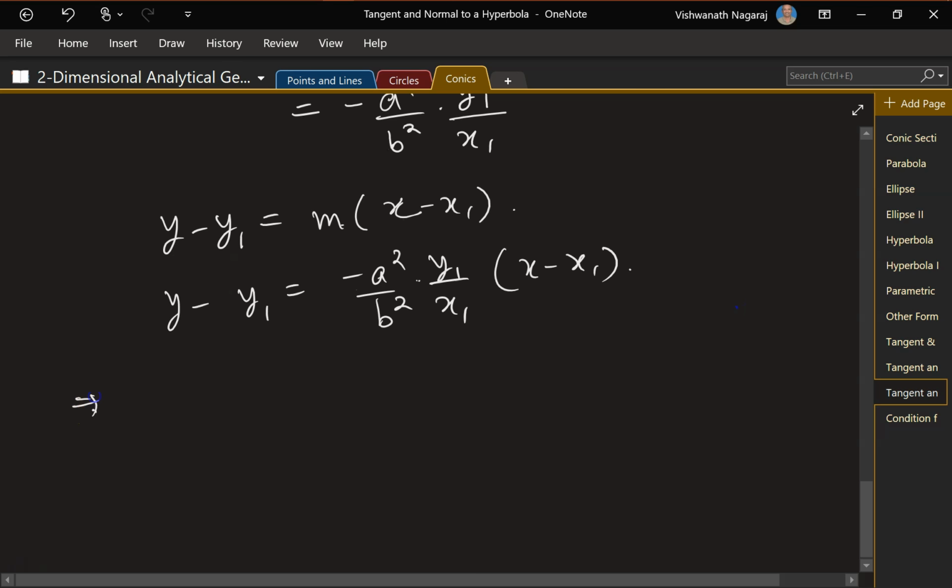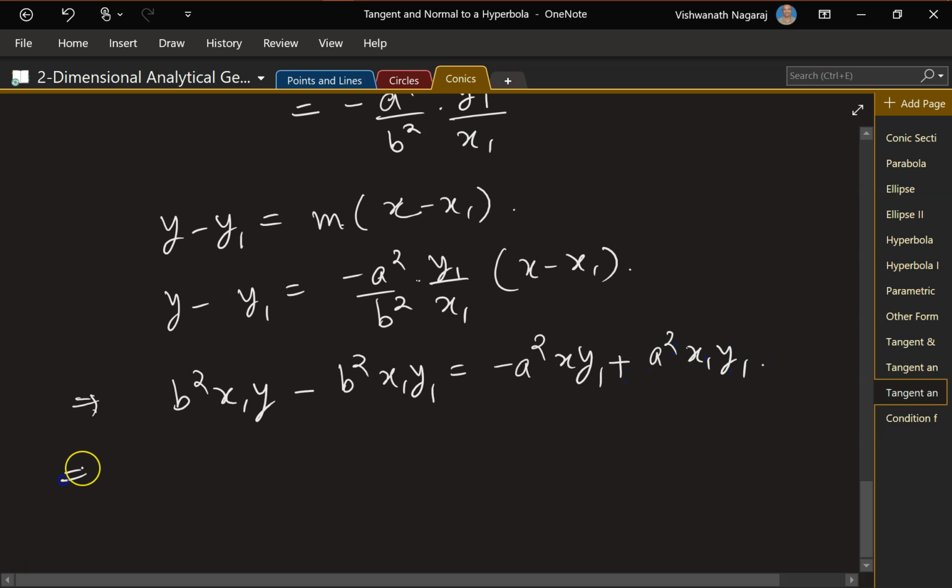Now let's simplify. b squared x1 y minus b squared x1 y1 is equal to minus a squared x y1 plus a squared x1 y1. Let's bring x1 y1 to one side.